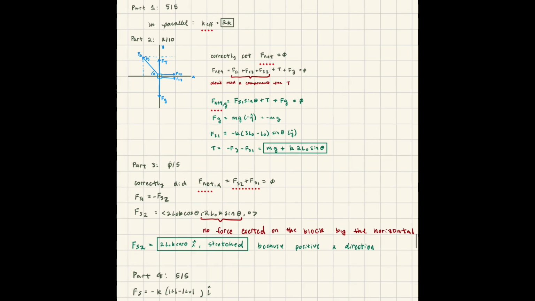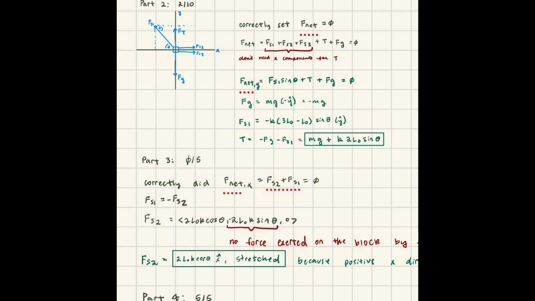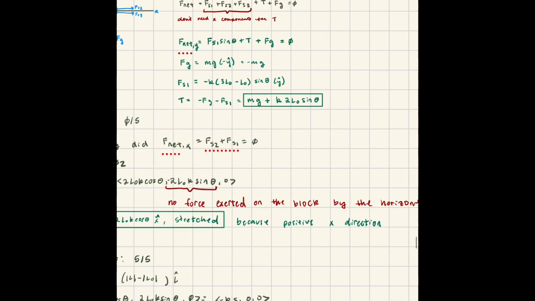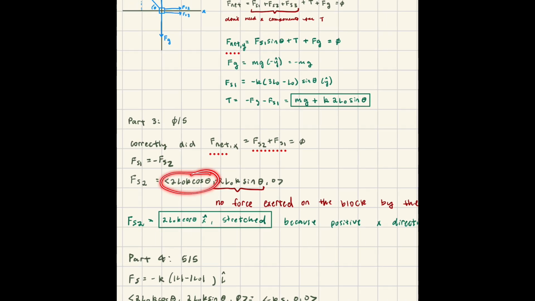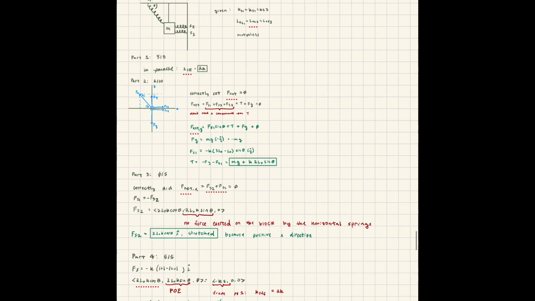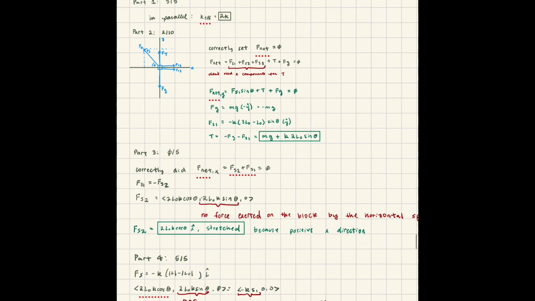So I did correctly set them equal to each other, and I got that this is this, but it should have been only the x part, because this only goes in the x direction, and so this is irrelevant, and it should be 0, so it should just be x hat rather than having all of that. It's because there is no force exerted on the block by the horizontal springs in the y direction. And then it's stretched because this is x hat, not negative x hat.